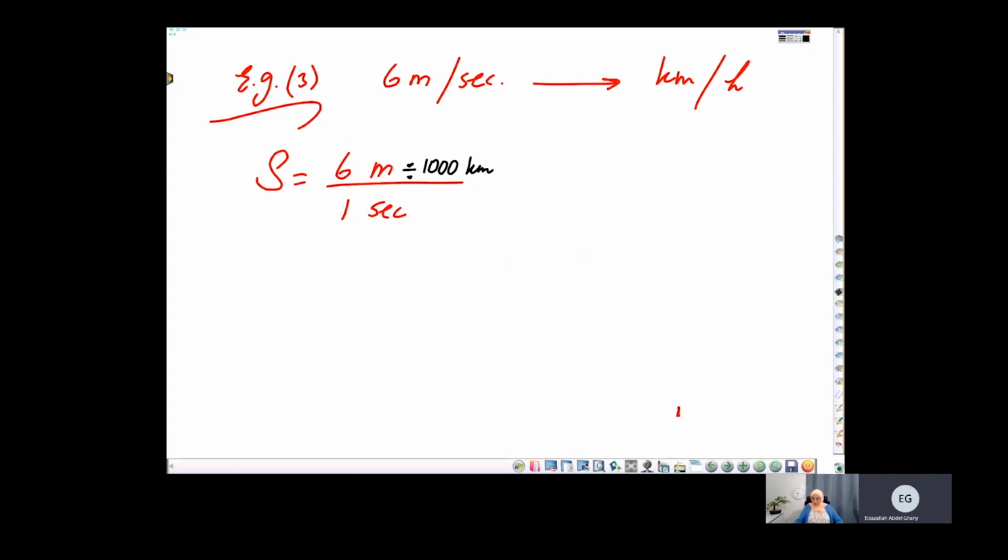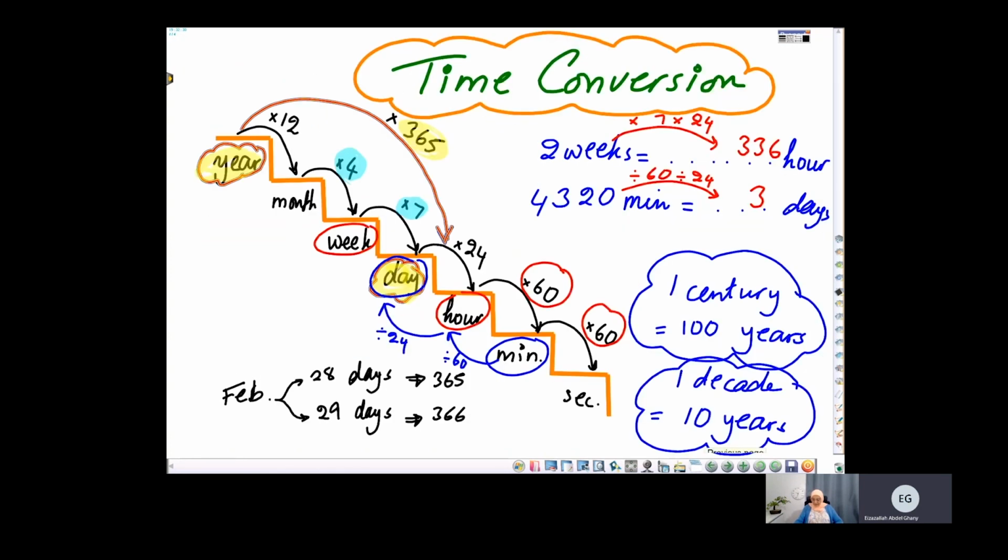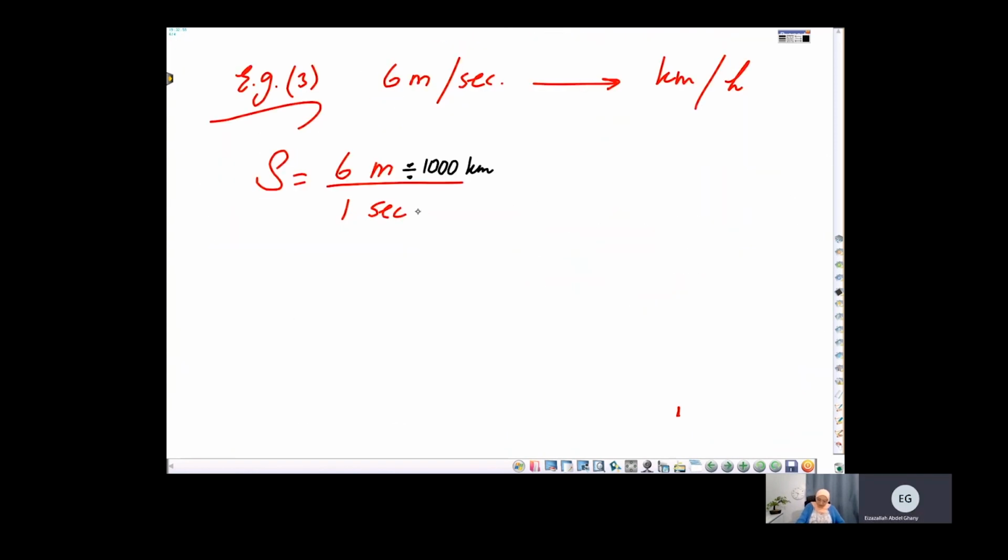From second to hour, let's go back. From second to hour, here is second, to hour, you are going up 2 steps. You are dividing by 60 and then dividing by another 60, which is small to big, divided by.